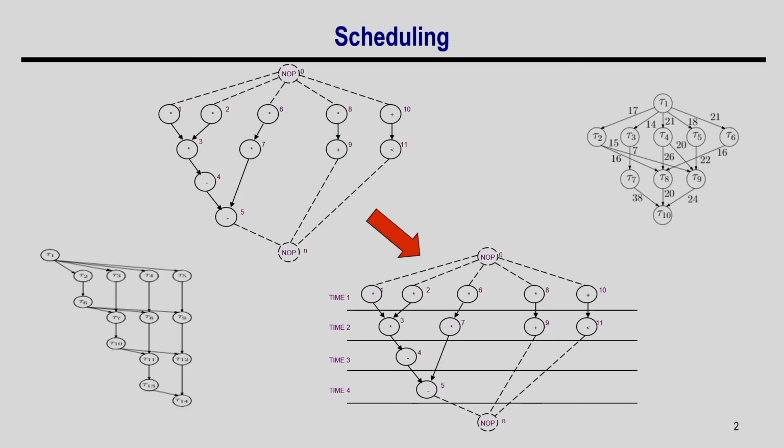We break those operations into three address form, and then we identify the dependencies among the operations, which gives a data flow graph. We represent that data flow graph as a sequence graph, where we put a sink node and a source node for convenient representation. This sequence graph is actually a DAG, a directed acyclic graph.